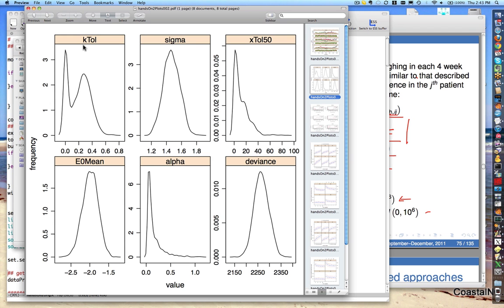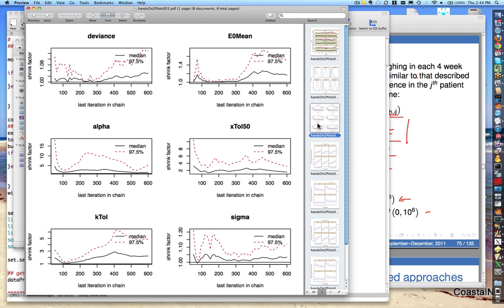Here, for example, in the K-tall, that sort of bimodal thing where one of the chains is essentially driving K-tall to zero shows up right here as that degenerate case, but then you have a fairly smooth distribution for the remainder of it that looks maybe a bit more plausible. So that comes out of there.